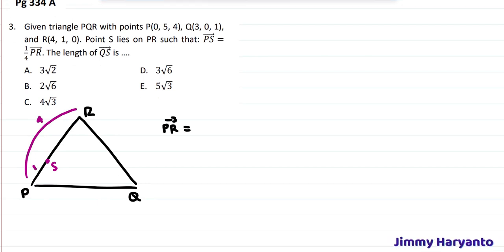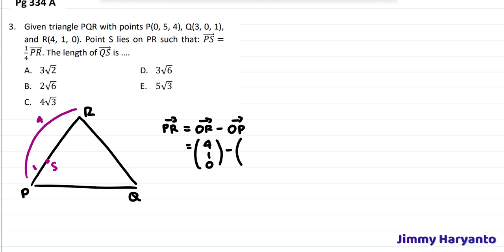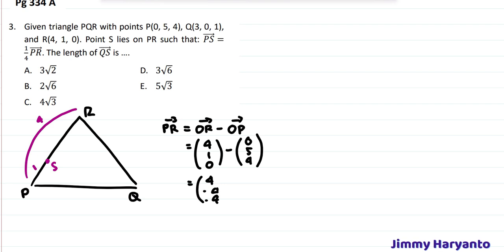The vector of PR is OR minus OP using the formula of position vectors. OR is (4, 1, 0) minus OP. OP is (0, 5, 4). And then you minus it, you'll have (4, negative 4, negative 4). Like this. Okay, it is PR.